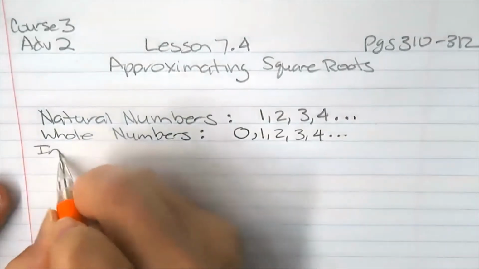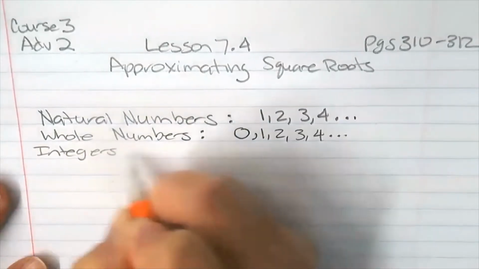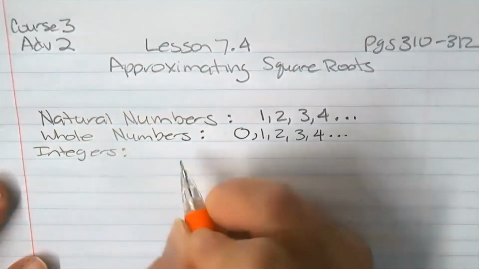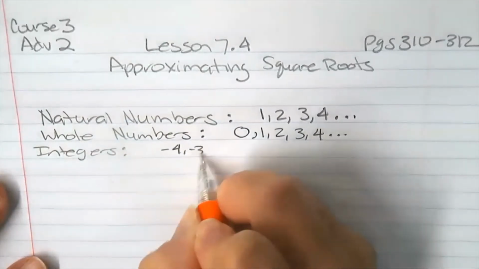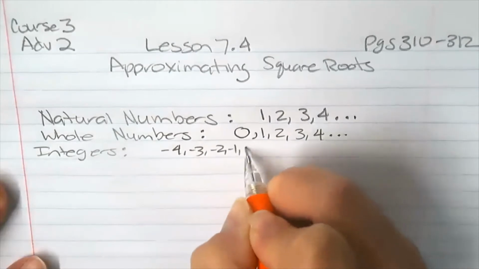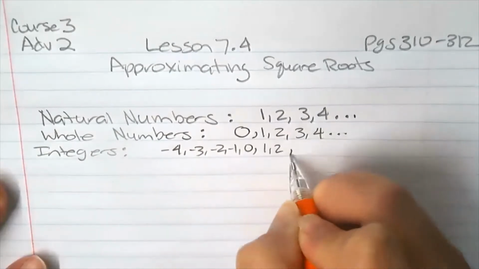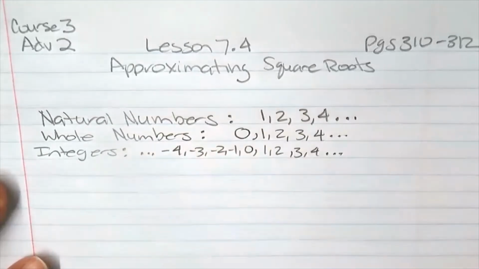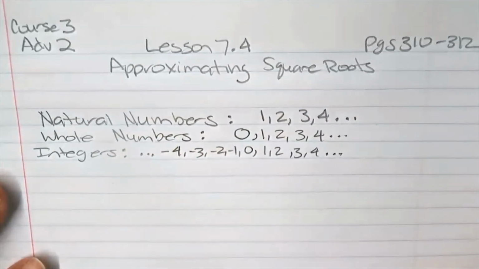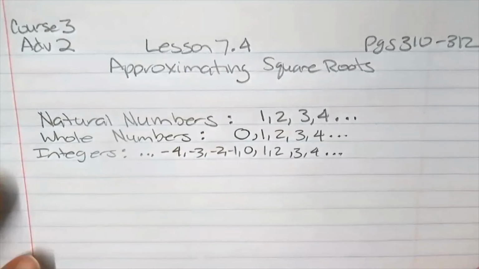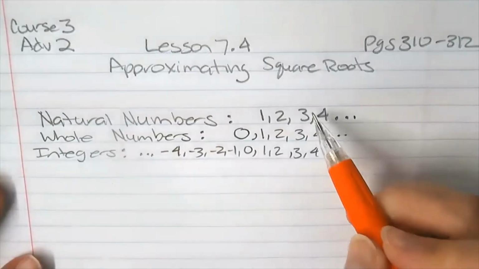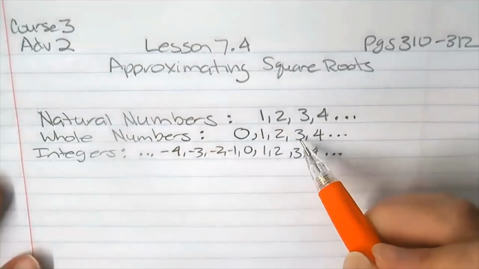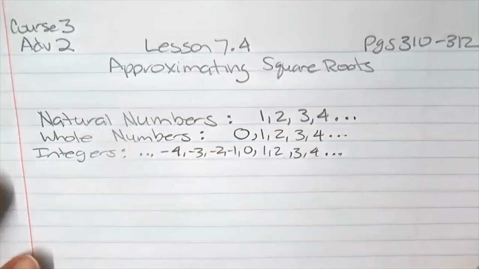Then we have integers: -4, -3, -2, -1, 0, 1, 2, 3, 4. So natural numbers are part of whole numbers, and that's part of integers.